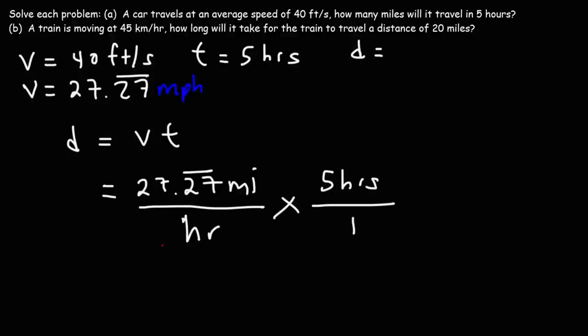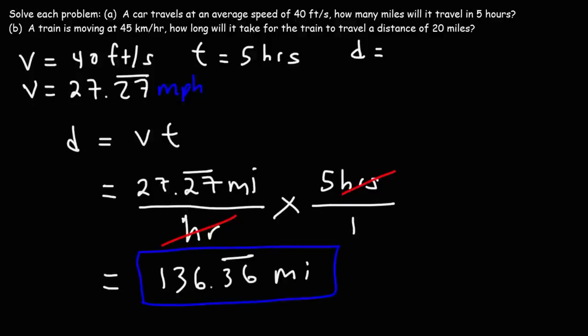So we can see that the unit hours will cancel. So 27.27 repeating times 5. That's 136.36 repeating miles. So that's how many miles this car will travel in 5 hours.